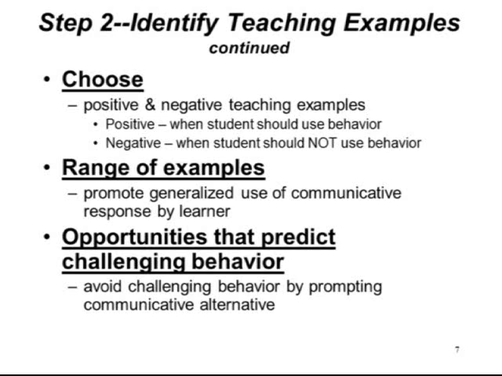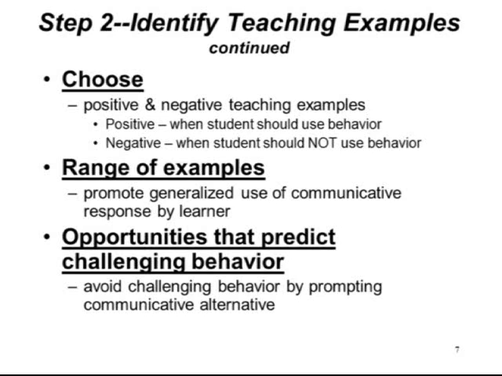So after I have my list of positive teaching examples, in other words, my list of situations when it's acceptable for this new behavior to occur, then I want to come up with a list of negative examples. My negative examples are going to be a list of situations where it's not appropriate for the student to use this new skill. In both those instances, I want to sample a range of examples.